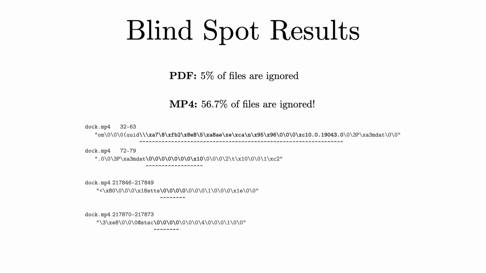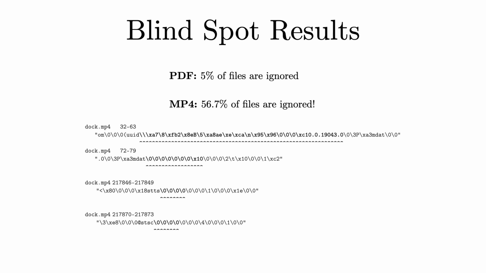So here are some high-level results. We ran an analysis over a corpus of PDFs, and we found that 5% of the bytes on average in all of the files are completely ignored. So on average, if you have a PDF, you could store steganographically about 5%, or at least 5% of its file size, inside of it without changing its overall file size.